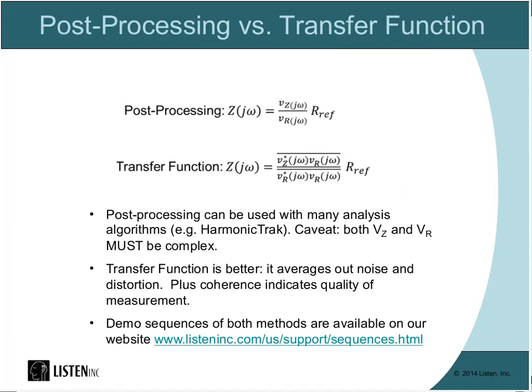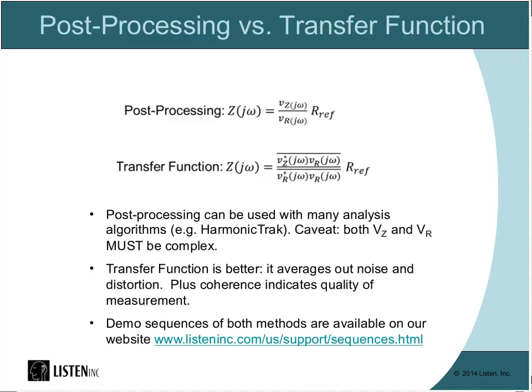So because it is a two-channel measurement, we're going to actually be measuring the transfer function, where we're measuring one input versus the other input. In the case of the loudspeaker, that is the terminal voltage versus the voltage across the resistor. And if we use post-processing, we can just do that as an extra step. That's pretty simple.